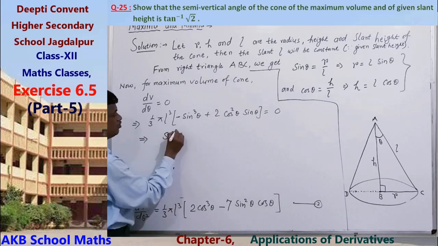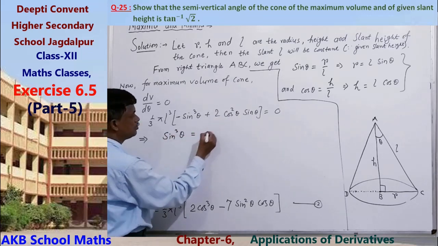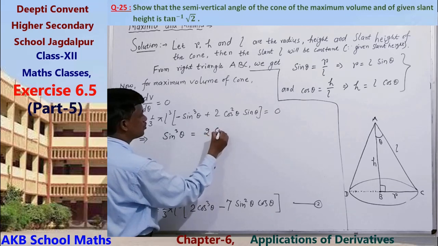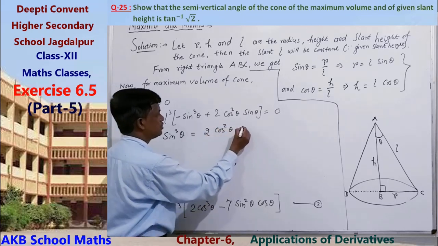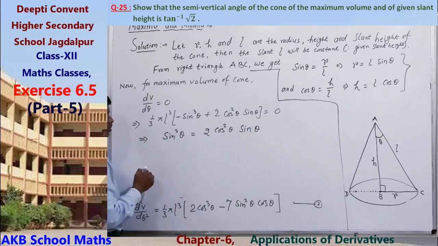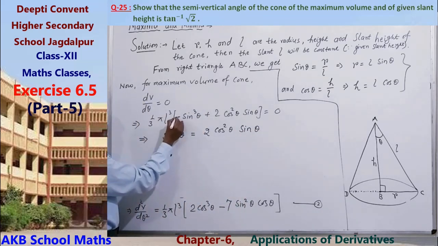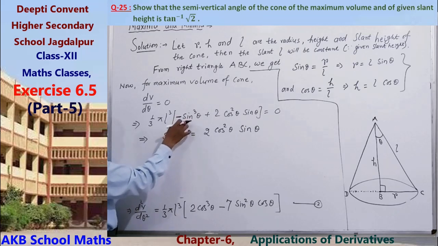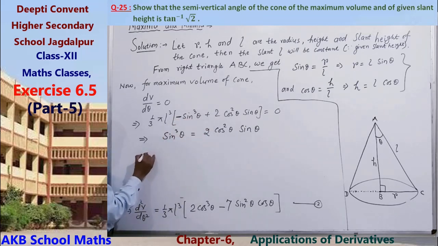Sin cube theta equals 2 cos square theta sin theta. The minus sign is here, so we can write it like this, transferring from here.